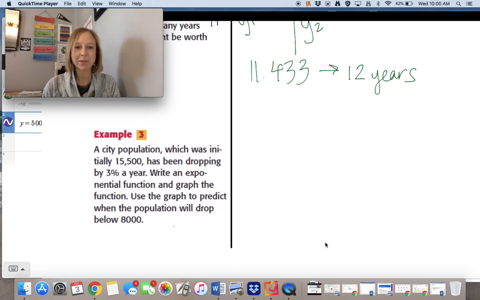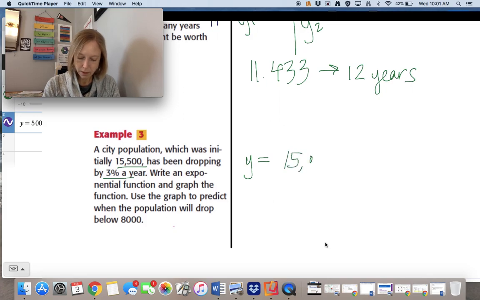All right, a city population was initially 15,500, starting amount. It's been dropping by 3% a year. Subtract 3%. Write an exponential function and graph the function. Use the graph to predict when the population will drop below 8,000. So our exponential function will be y equals our starting value, 15,500.